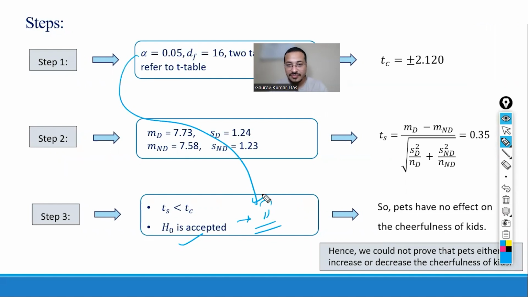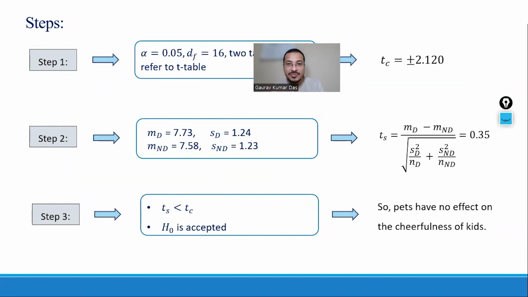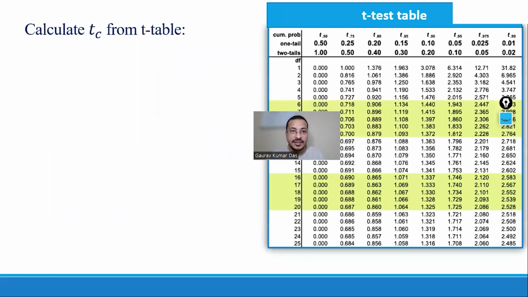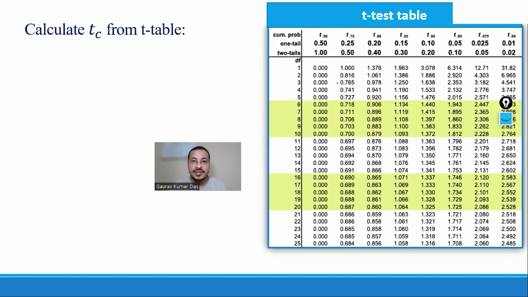Okay, guys. Now we understood what the steps are and what we have calculated. We also try to visualize this, because when you visualize it, it becomes much clearer. But before we do that, let's see how we calculate the t critical value. I just want to show you how we read the t table and get the values out. So if you look at this, calculate tc from the table.